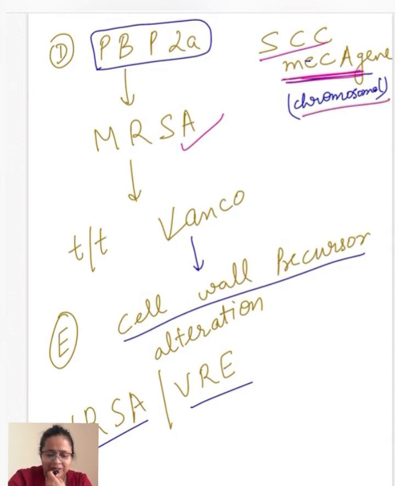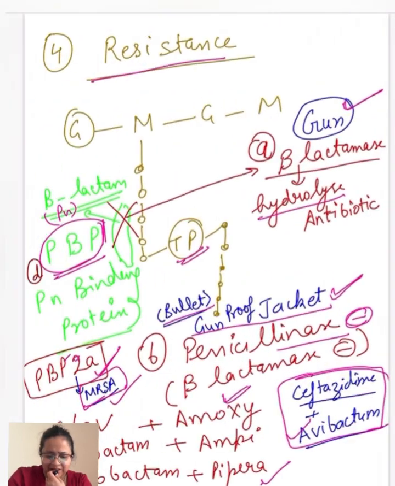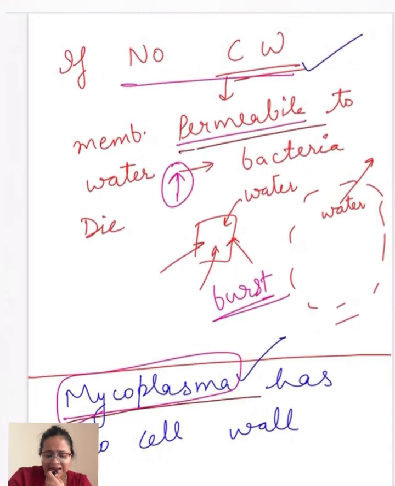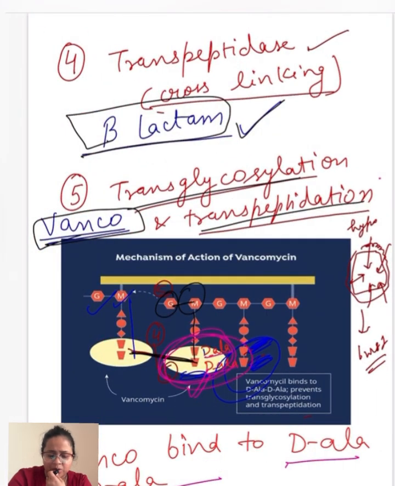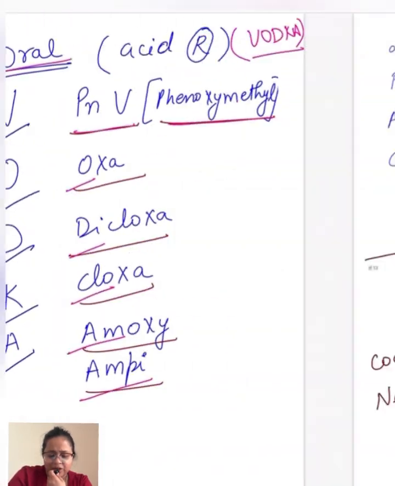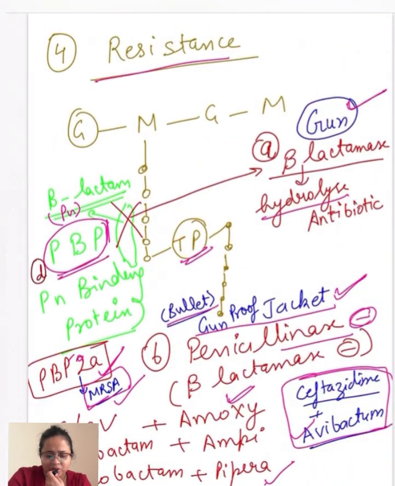MRSA is formed. So then we have to give vancomycin. Vancomycin binds the D-Ala-D-Ala group and acts by that. But if D-Ala-D-Ala is converted to D-lactate, that is, the cell wall precursor is altered, then we will have vancomycin resistant Staph aureus or vancomycin resistant Enterococcus.